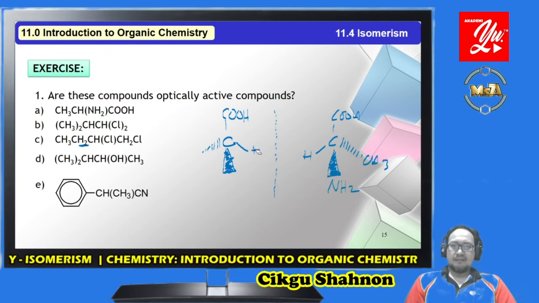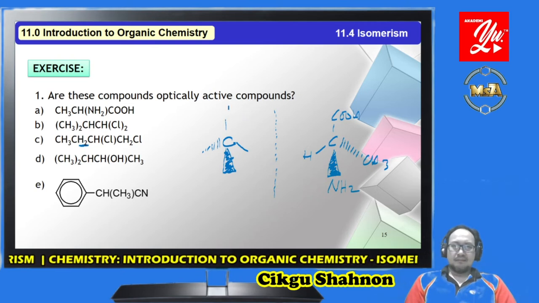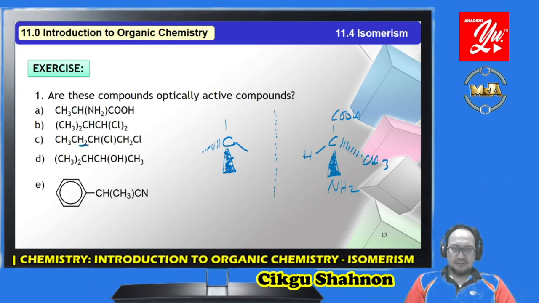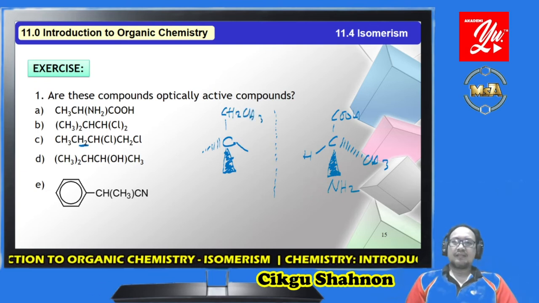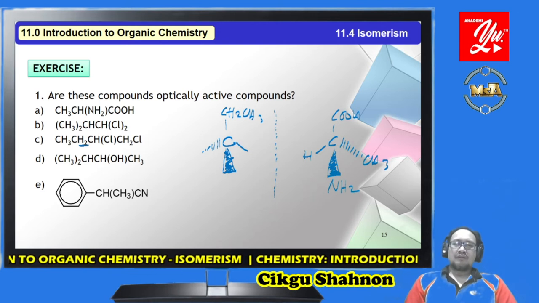Now I want to draw it. First, I will use this one, CH2CH3. This is the tip on how to draw the enantiomers.